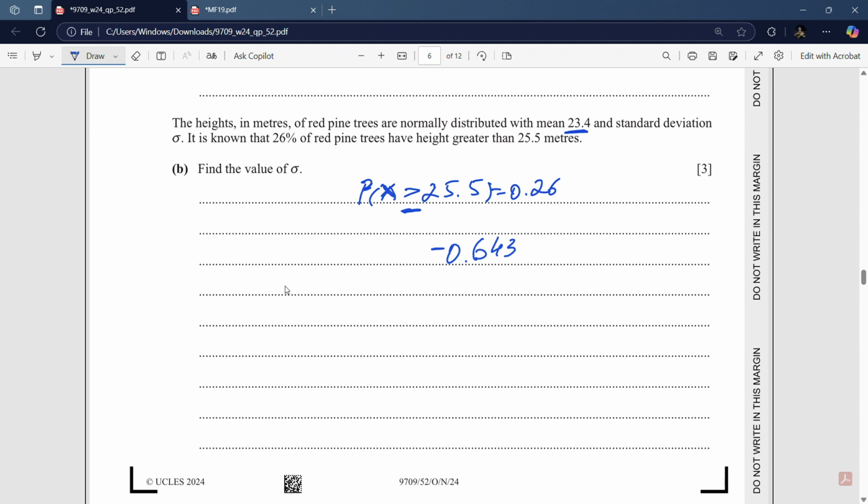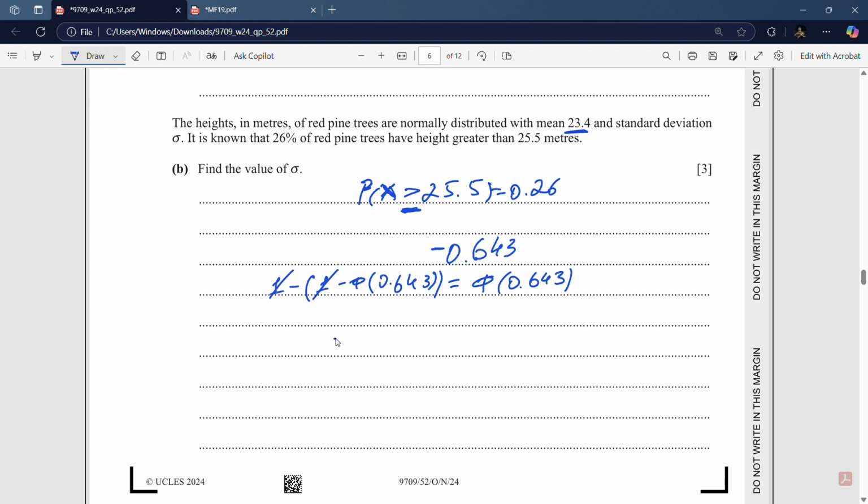So when we are finding the probability, it will be like this: 1 minus the probability of x being greater than the number, and here we're again subtracting the value of 0.643 because it is a negative. So these two will cancel each other, so we'll have 0.643.